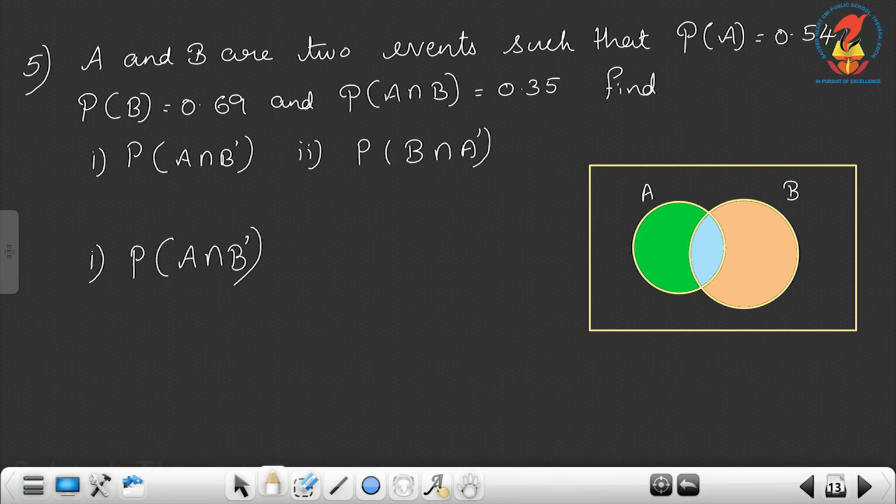So we have P of A is given, P of B is given, A intersection B is given. So here Venn diagram A, B, this part is A intersection B. Okay, and this green color is A minus B, this one is B minus A.